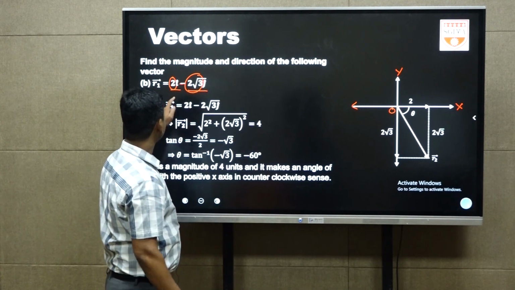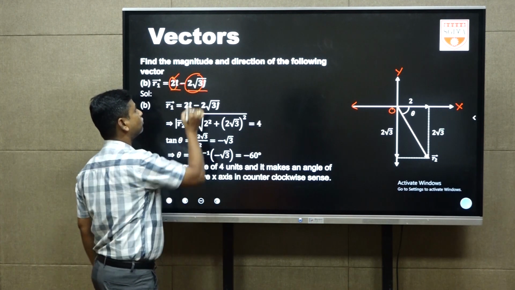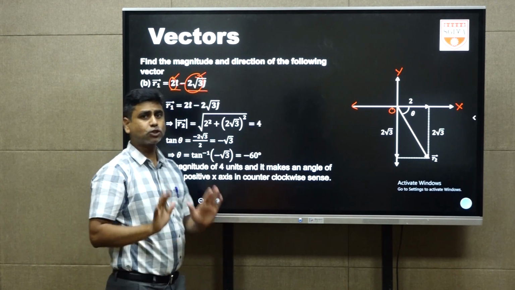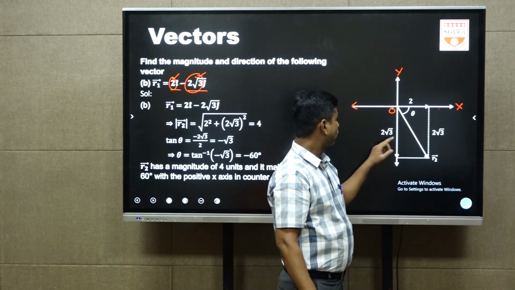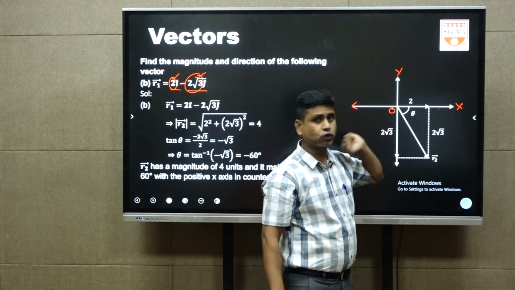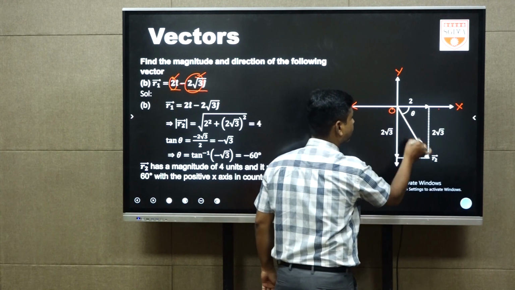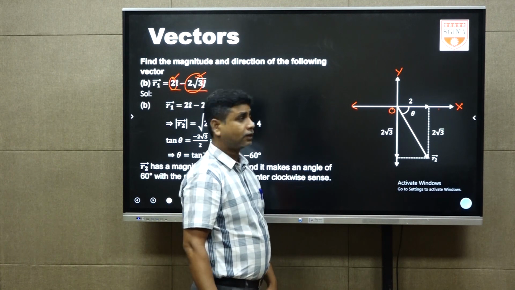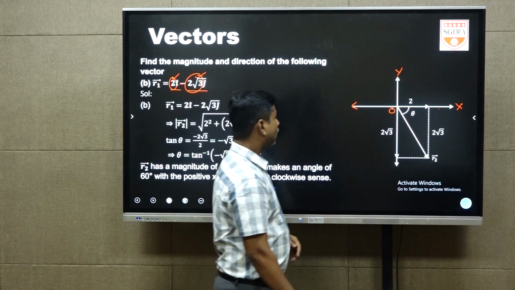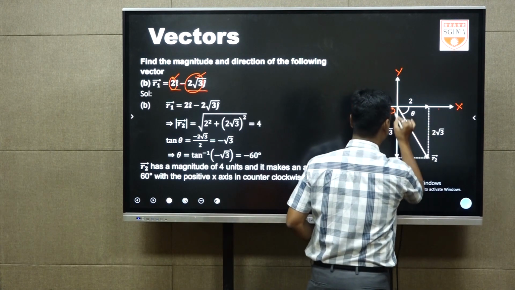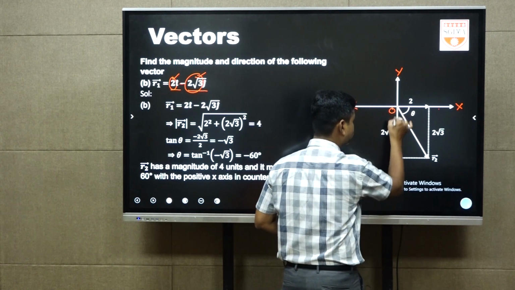Here the x component is positive but the y component is negative. In which quadrant is this possible? Let us verify: x positive, y negative is the fourth quadrant. So the vector will be taken in the fourth quadrant. Here the x value is 2 and the y value is 2 root 3, up to this length.